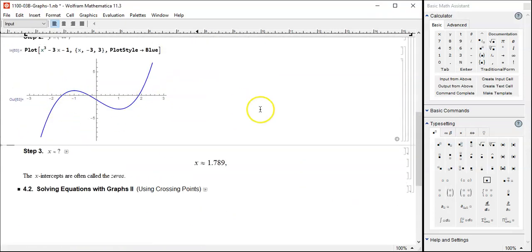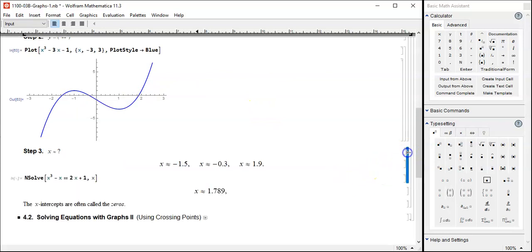That's the graph. Okay, same graph produced by Mathematica. And if you just eyeball it at this stage, you're going to get about nearly 1.5, about negative 0.3, and 1.9. You can see those. But if you zoom in, you can see things better.